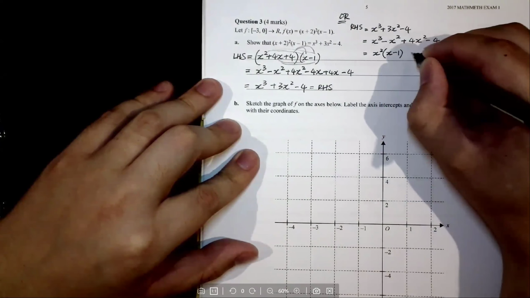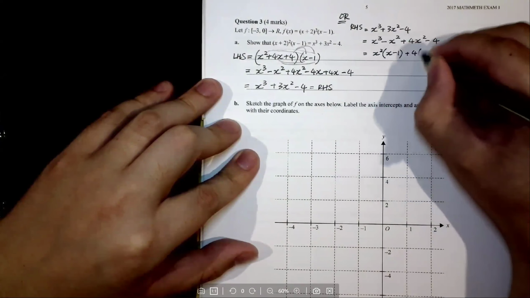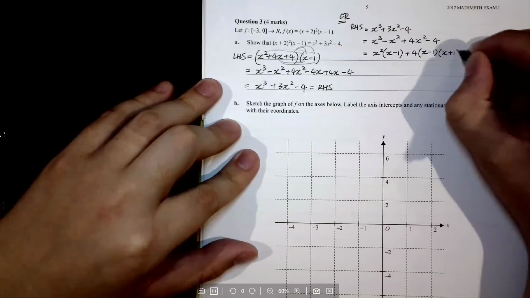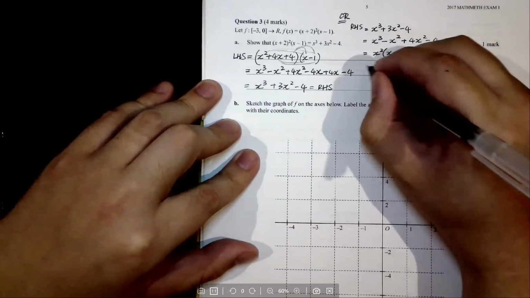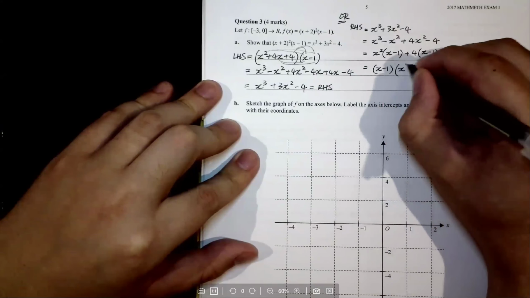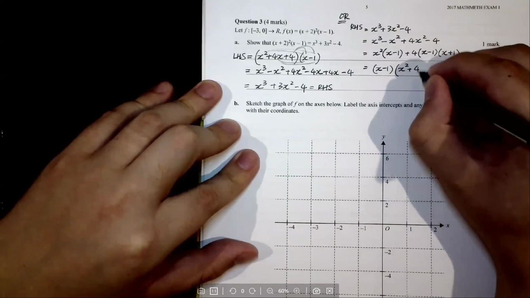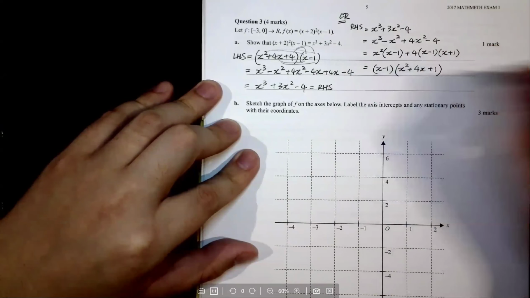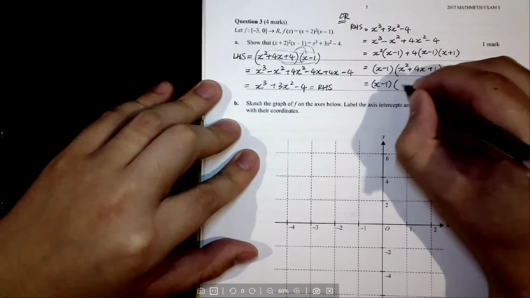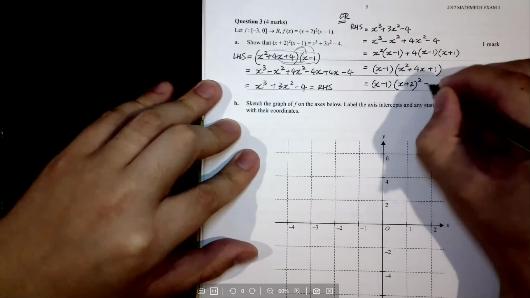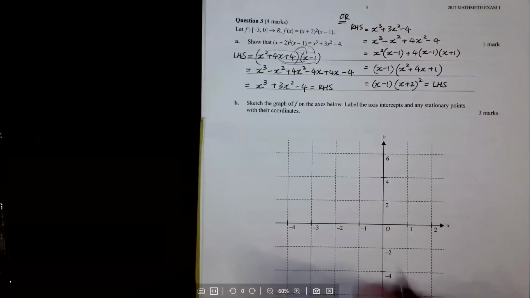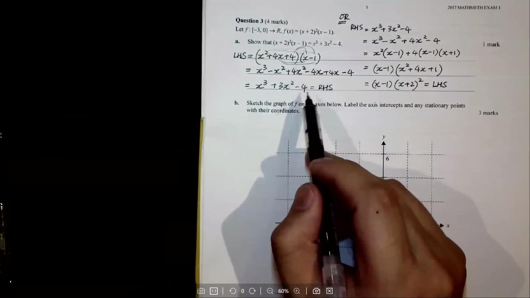And then you just get, let's say, plus 4 lots of x minus 1, x plus 1. Something along this line. Then you say, okay, x minus 1 as a common factor, x squared plus 4x plus 1. Then you can just recognize this is a perfect square. And that is equal to left-hand side, okay? Whichever way you go, you have to show convincing working, and everything should be correct.